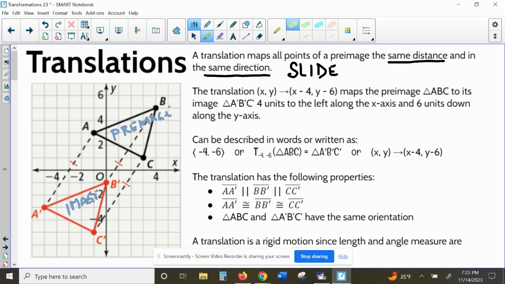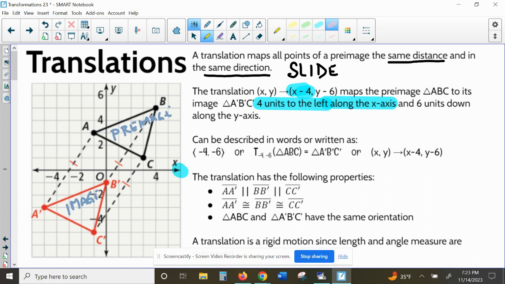If you notice this part right here, this x minus 4, that is your x-axis, right? So that means I'm moving it minus 4 on the x-axis, so 4 to the left. And that's how they're getting 4 units to the left. So those two match up. Match those with the color. So this x minus 4 means 4 to the left on the x-axis.